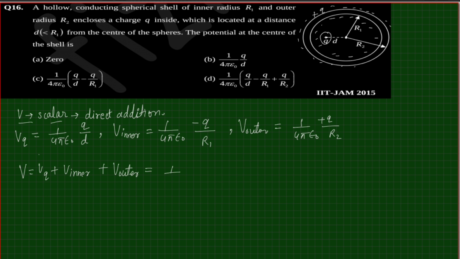That will be 1 upon 4 pi epsilon naught, which becomes common, and this will be Q over d minus Q over R1 plus Q over R2. So this will be the potential. So option D is the correct option.